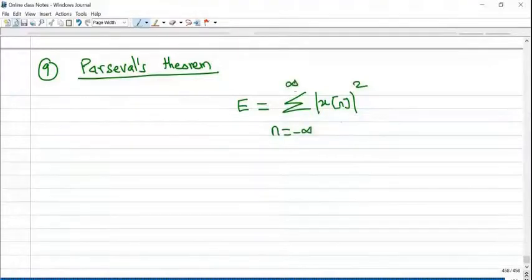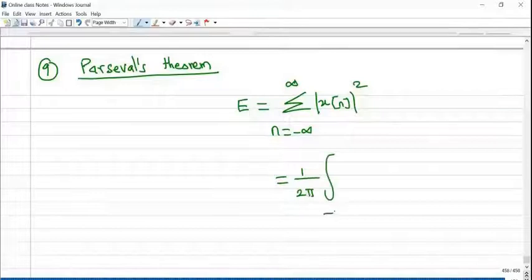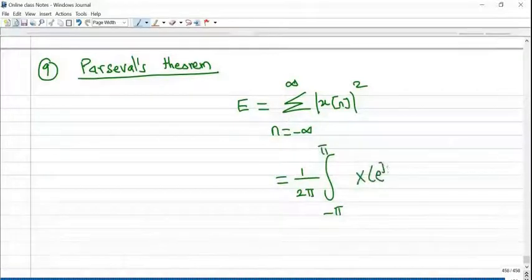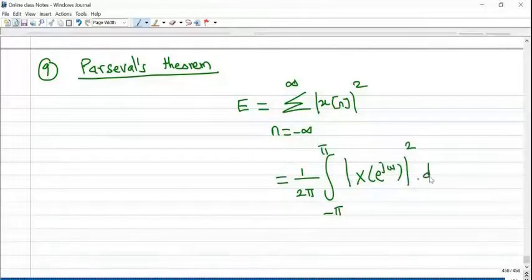This is the formula we used to find energy of the signal in unit 1. Using DTFT, if you want to find the energy of a signal, then the formula is 1 divided by 2 pi, integration from minus pi to pi, X of e power j omega whole square into d omega. So this is Parseval's theorem.